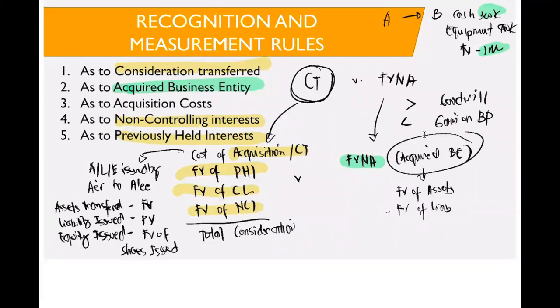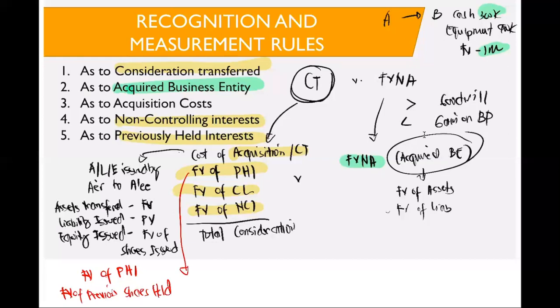Next, we get the fair value of previously held interest. So how do we get your fair value of previously held interest? To get the fair value of previously held interest, just compute the fair value of previous shares held.